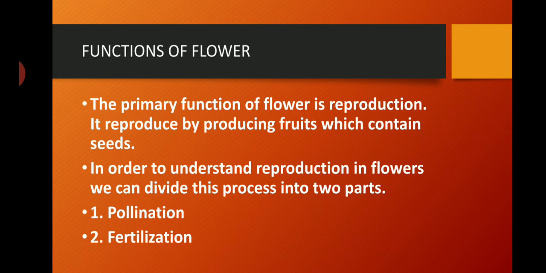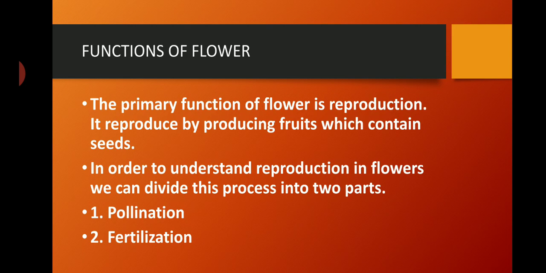It reproduces by producing fruits, and fruits contain seeds, and a seed contains a baby plant inside it. When we sow the seed in the soil, a new plant, a baby plant, emerges from it, which grows to an adult plant. So this is the primary function of a flower, that is reproduction.